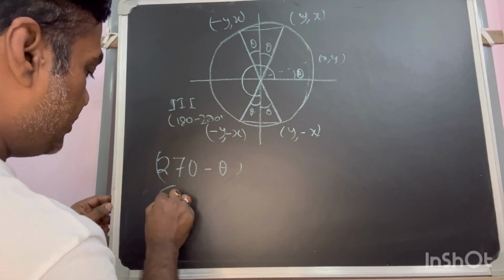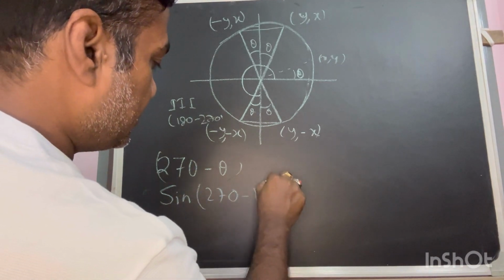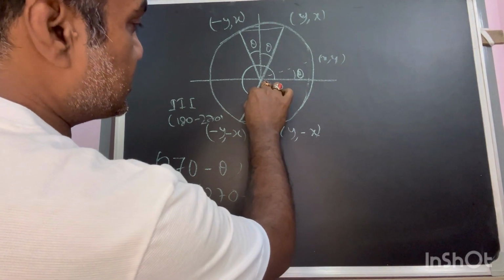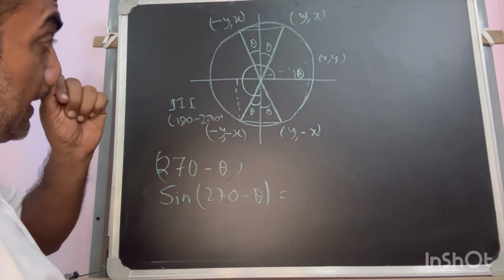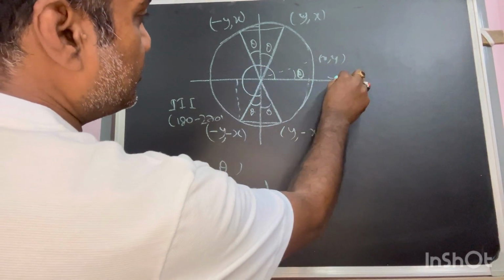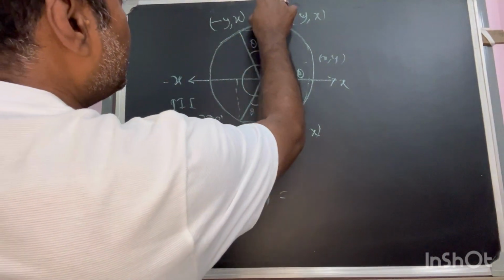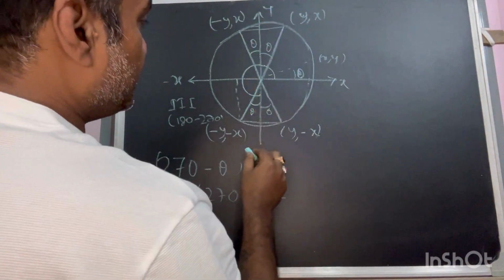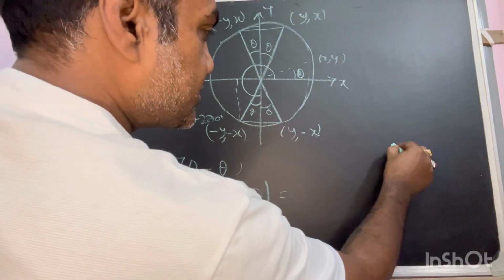So if I take the sine of 270 minus theta, we actually reach this arm, because we always consider the right angle triangle which the arm makes with positive x and negative x, and accordingly we see the ratio, because in any xy coordinate system, x comes first.